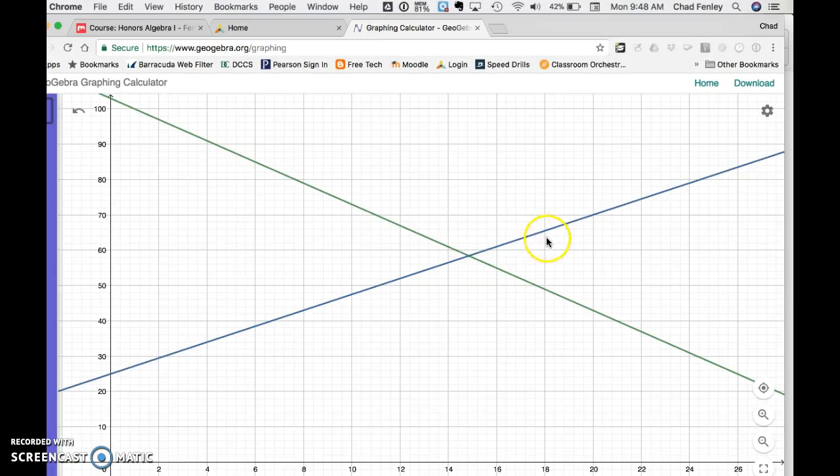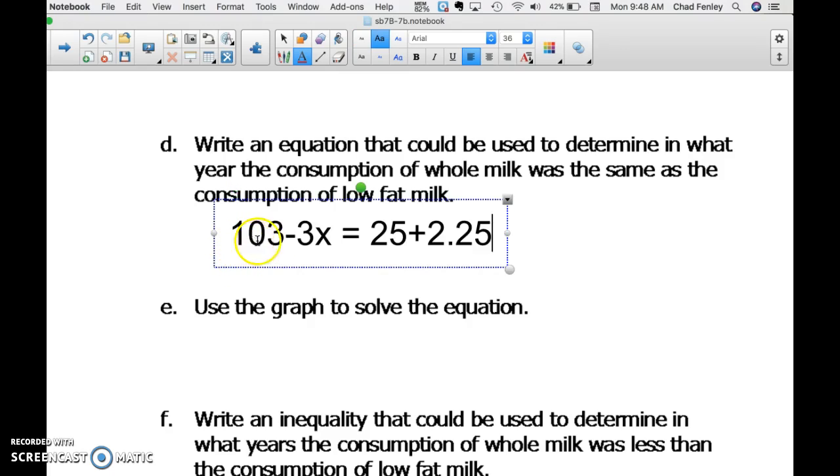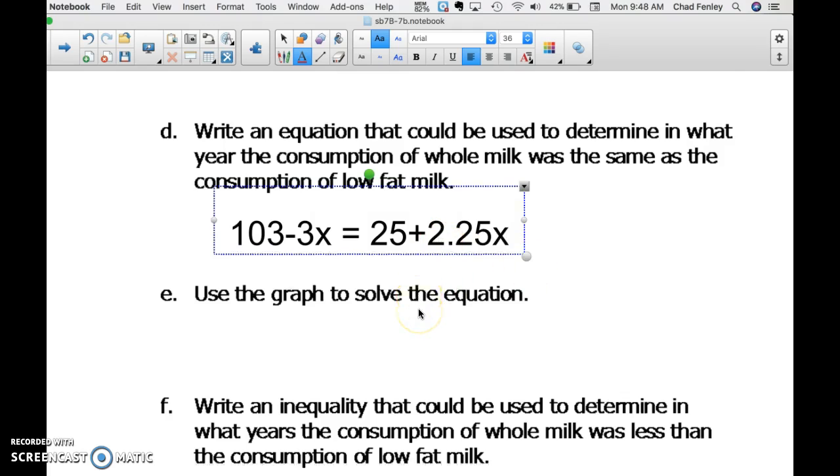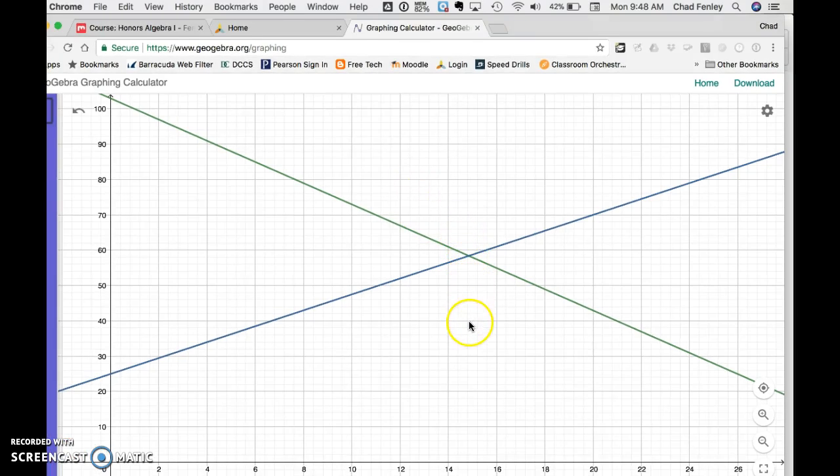The solution is where they intersect, but to write the equation, we set the two expressions equal to one another: 103 minus 3x equals 25 plus 2.25x. Using the graph to solve this equation, where they intersect looks like about 15.